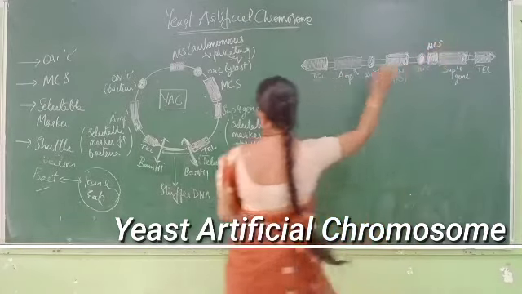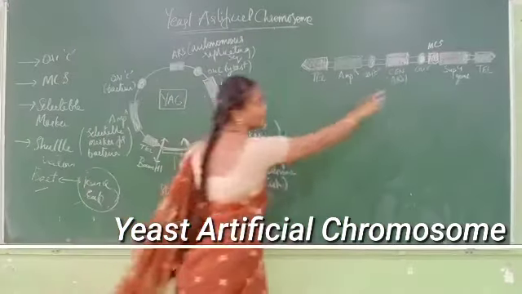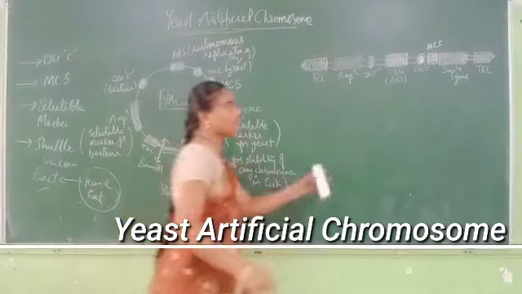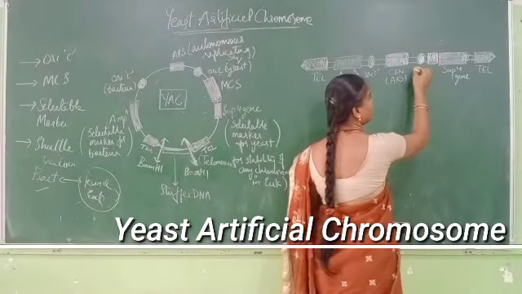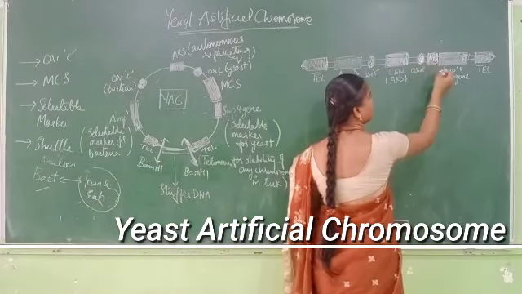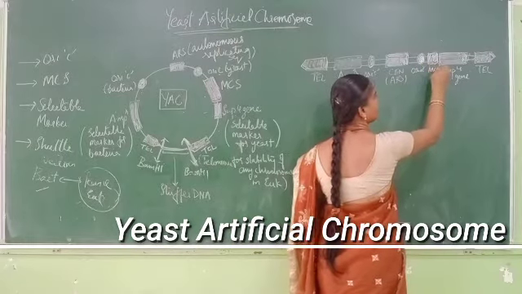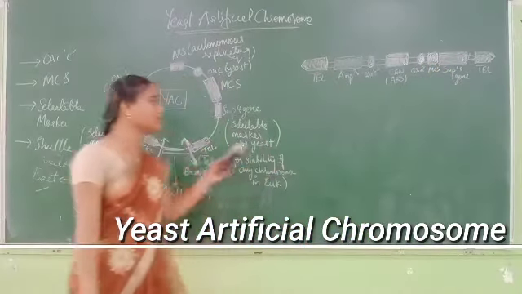So this is nothing but MCS. This is your linear model of your YAC after treatment with BamH1. So this is your linear YAC and this is your circular YAC.